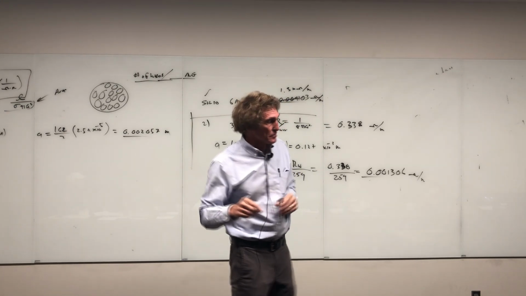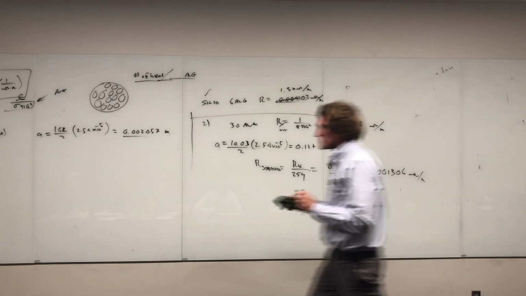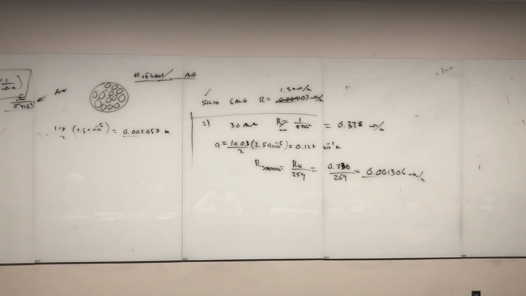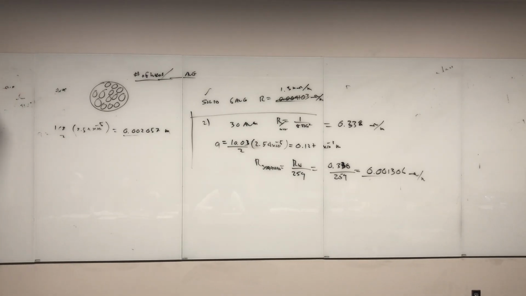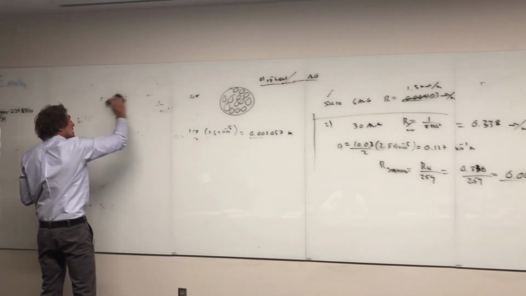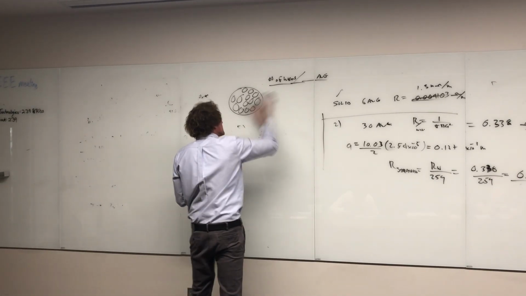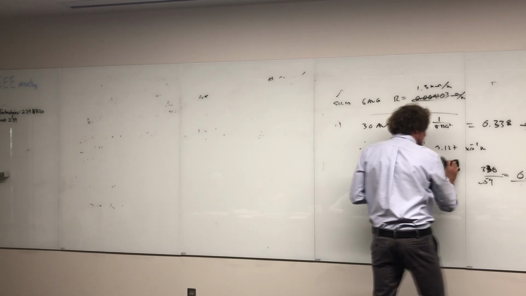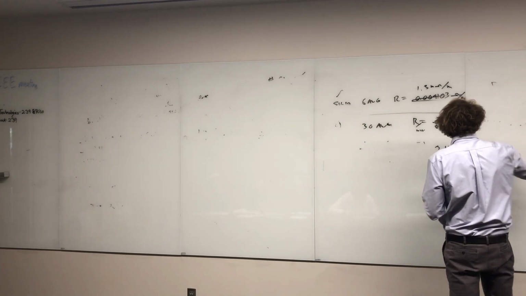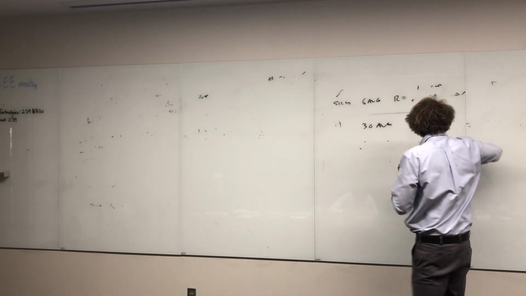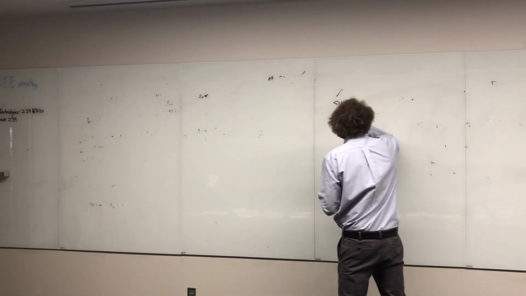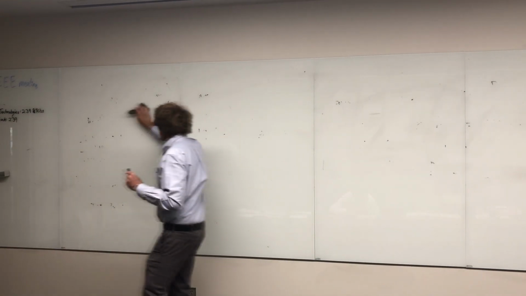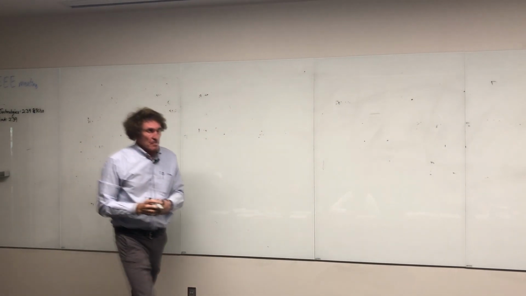Determine the frequency where the internal inductance of a 32 gauge wire begins to decrease. All right.